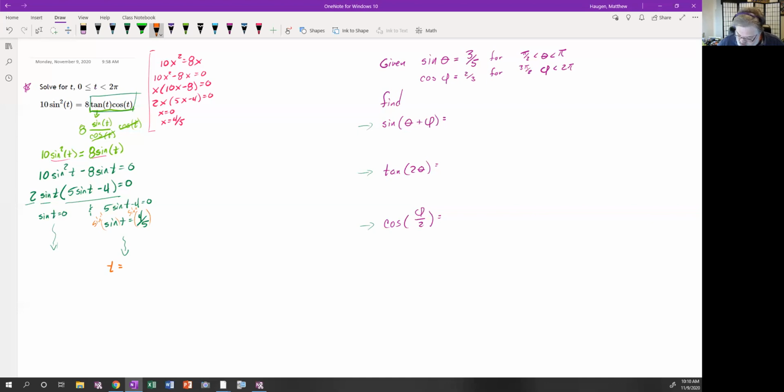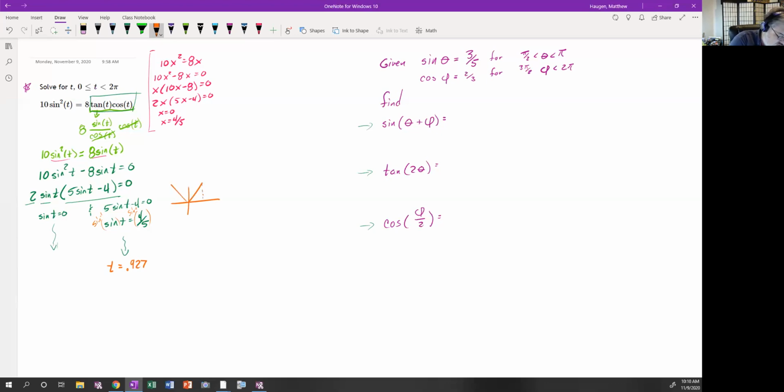So sine inverse of 4/5, and make sure I'm in radians. So 0.927. And that's going to be in quadrant 1.